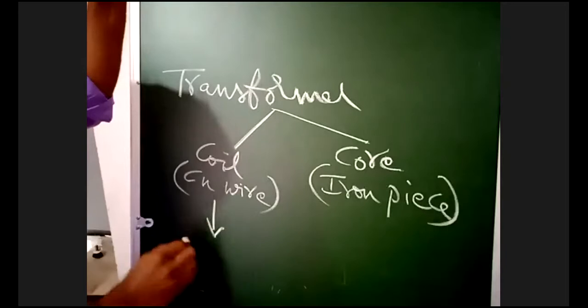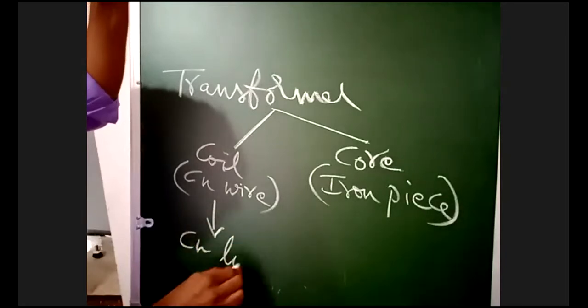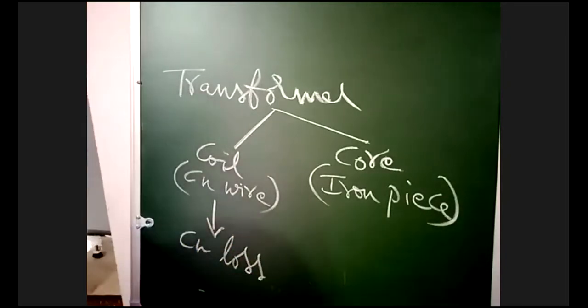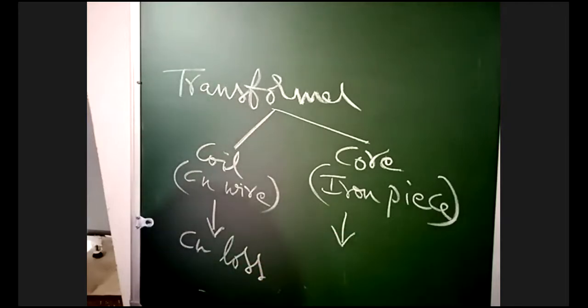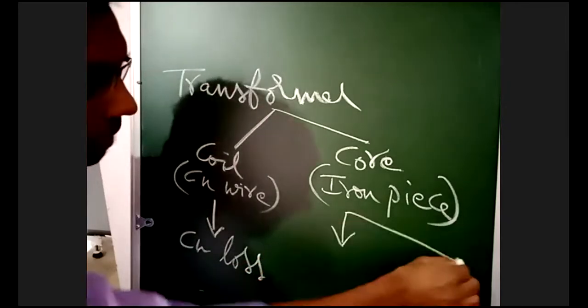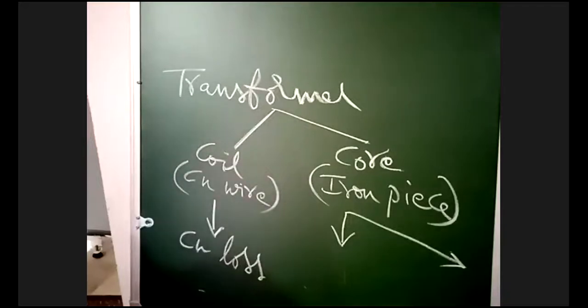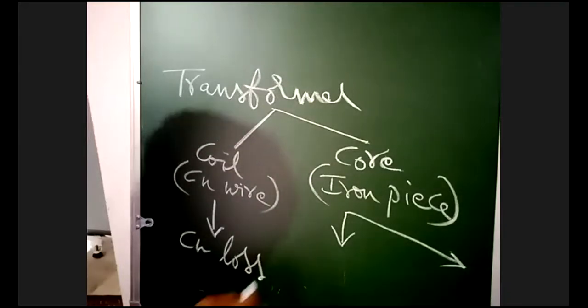In a transformer, we have two types of loss. One is copper loss. In the coil, we have copper loss. In the core, the iron piece, we have two types of losses.